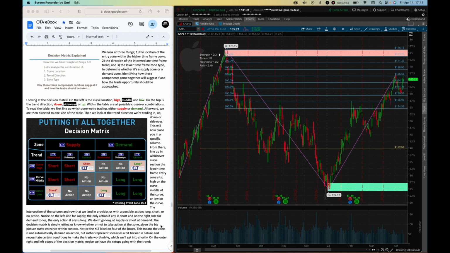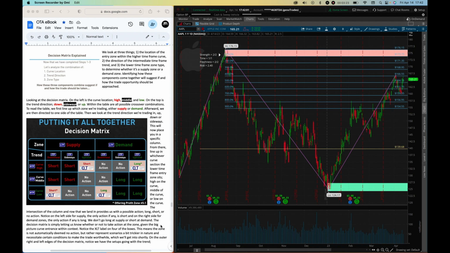It will tell us to go long, whether to go short, or whether we take no action at all. Notice on the left side for supply, the only action, if any, is short. And on the right side for demand zones, the only action, if any, is long. We don't go long on supply or short on demand. The decision matrix is simply letting us know whether or not to take action at the zone, given the big picture curve entrance within the context of the trade.